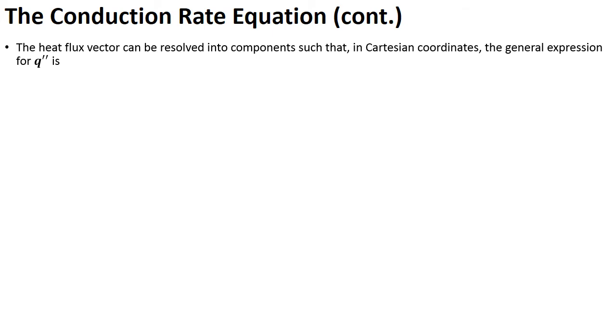Heat flux can be resolved into Cartesian coordinates, and the general expression for heat flux is q double dash is equal to i qx double dash plus j qy double dash plus k qz double dash, where i, j, k are the unit vectors in the x, y and z directions, and qx double dash, qy double dash and qz double dash are the heat fluxes in x, y and z directions respectively.